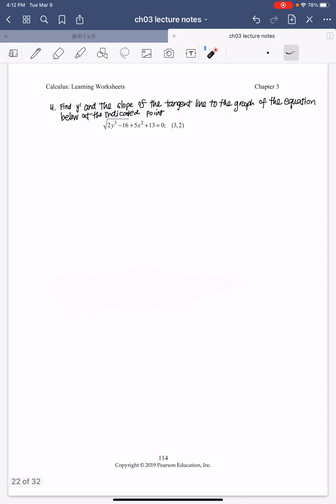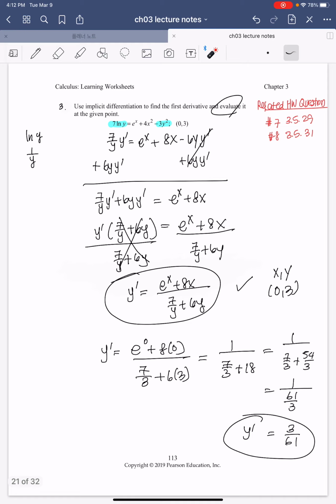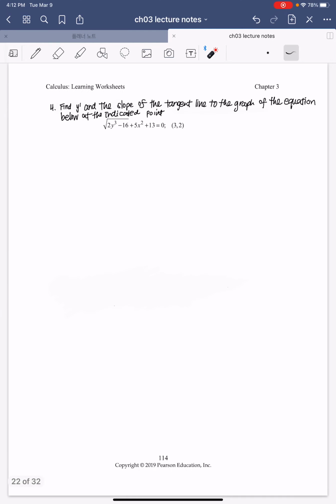Because the slope of a tangent line is your y prime, and they want you to evaluate. So number 4 is the same thing as number 3, but they just word it differently. You have to feel comfortable seeing a written instruction worded differently, but it means exactly the same.